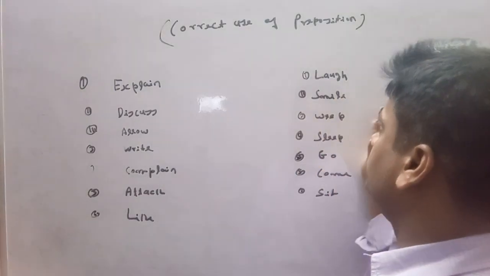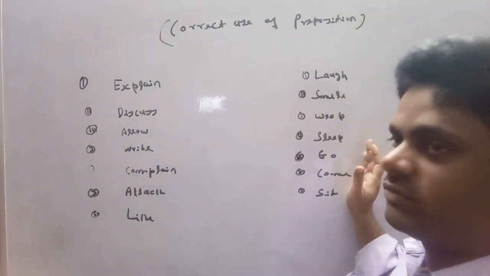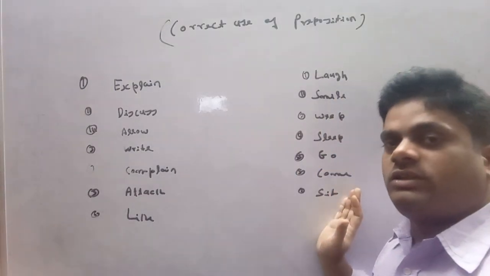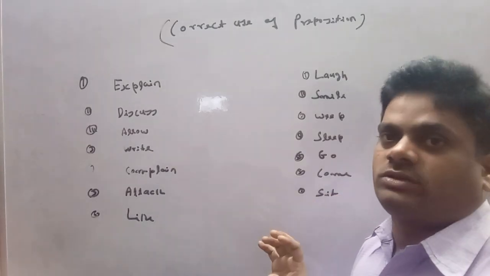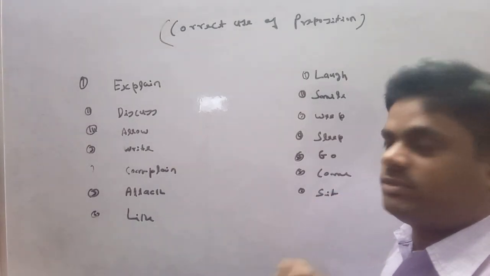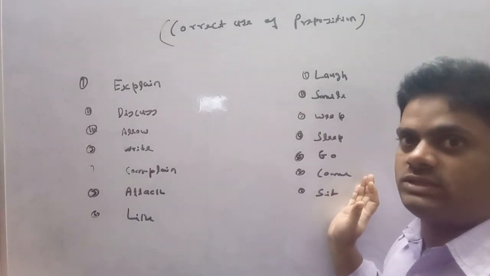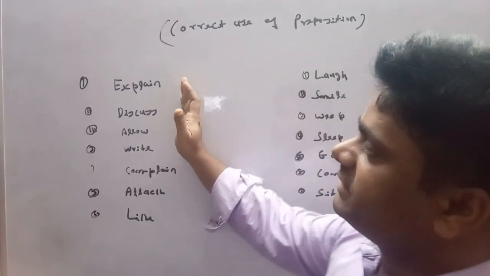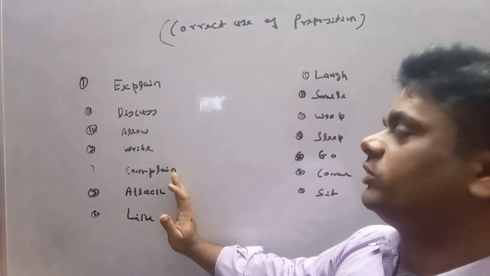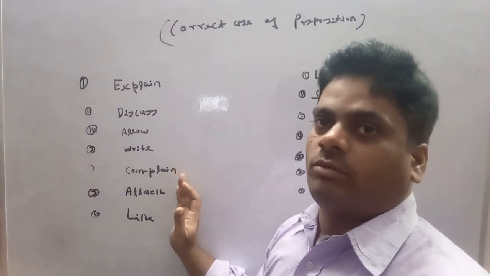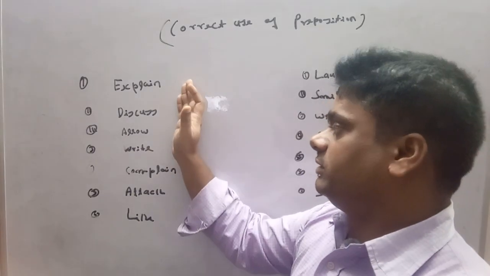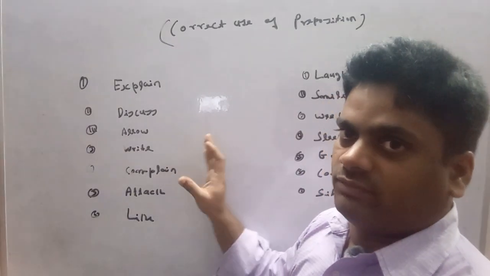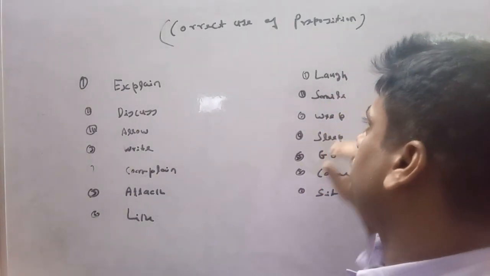But in case of these verbs, they do not require any type of object, they would require only a preposition. The concerned preposition must be kept just after their use in a sentence. But in case of these verbs, we do not require any type of preposition when writing them in a sentence.